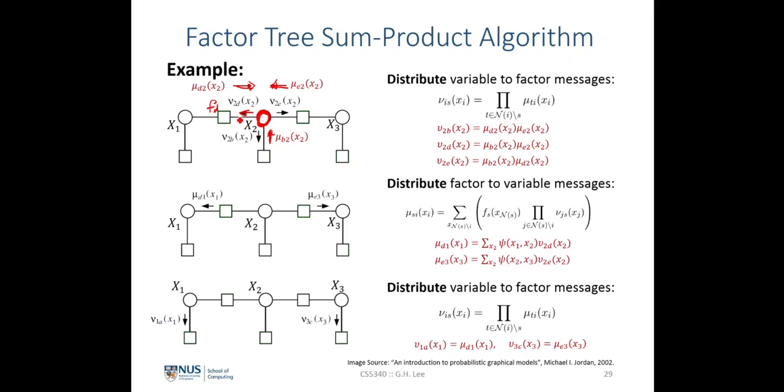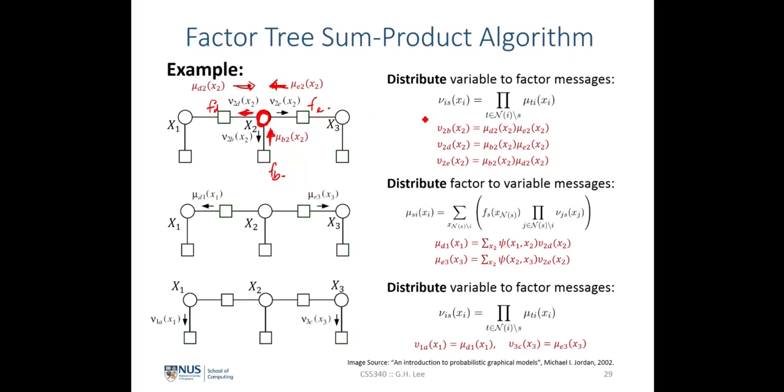What is also needed is that this message needs to contain the other two messages that we pass in from the factor nodes fe as well as fb into x2. So these two messages are important in this case.